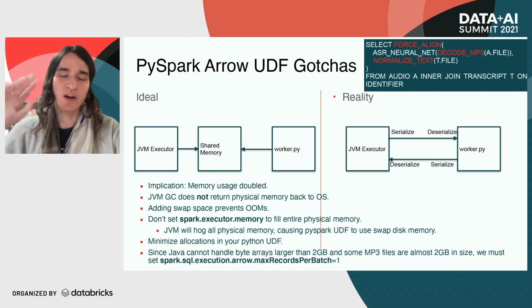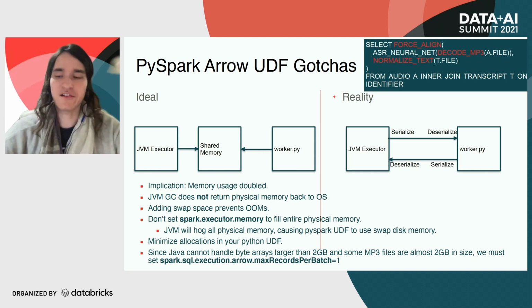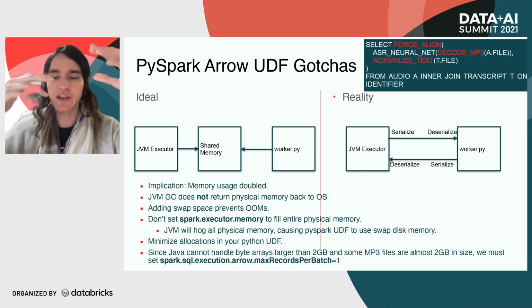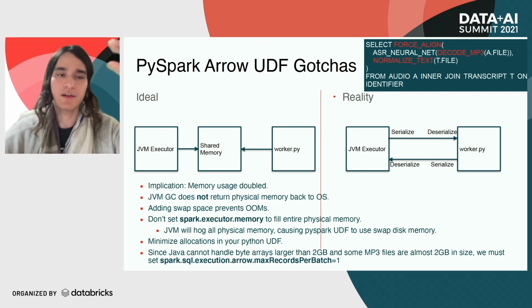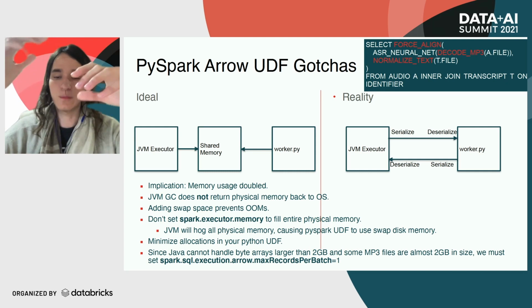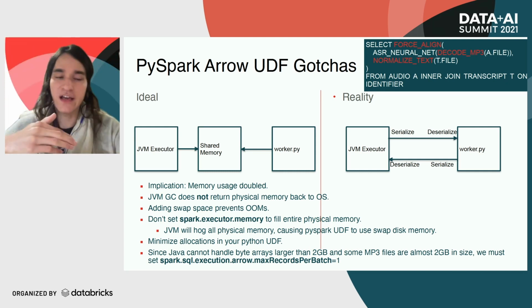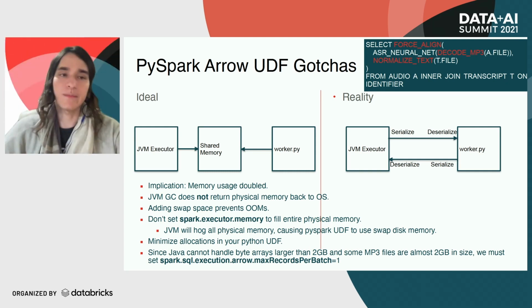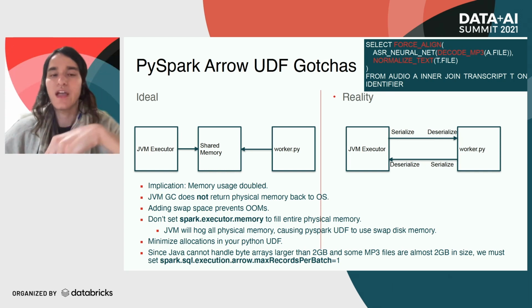And there's reasons why this is, but essentially, the fundamental thesis behind Arrow is that it's an in-memory columnar data format that allows separate processes to share memory. And because they all know how that memory is laid out, they can both operate on that memory. So the ideal would be that you have this JVM executor and you have this Python process, and they both act on the same shared memory.